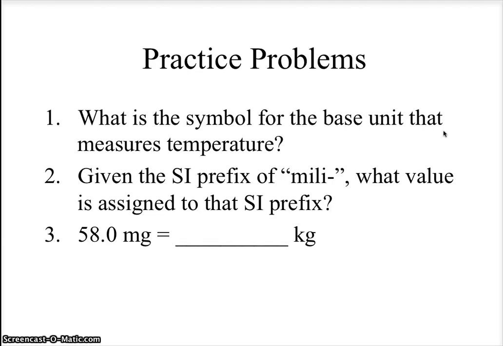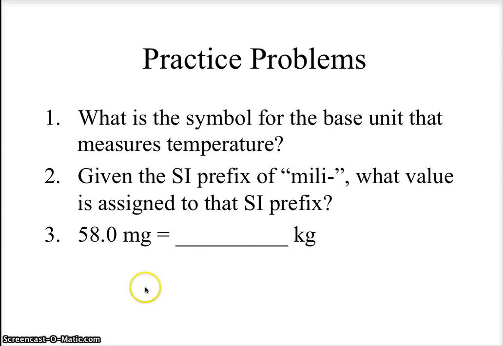And then number 3, 58.0 milligrams is equal to some value in kilograms. If you notice that this equation has the equal sign, this means that the value on the left of the equal sign is going to be equal to the value on the right.